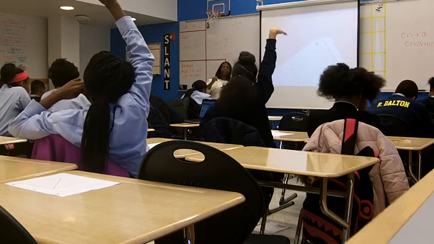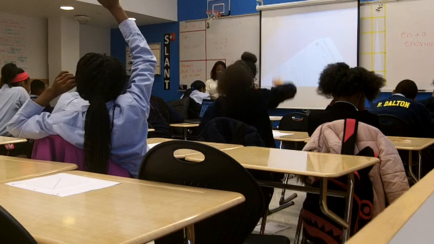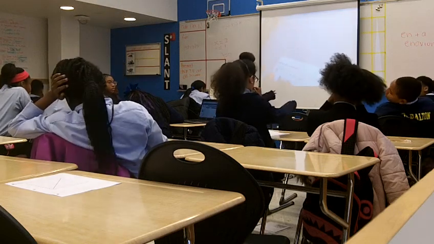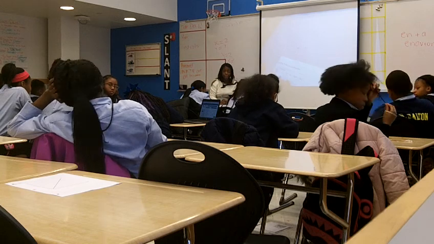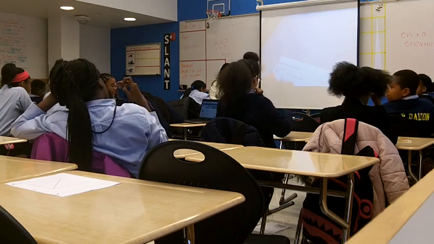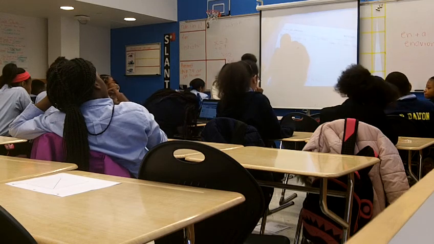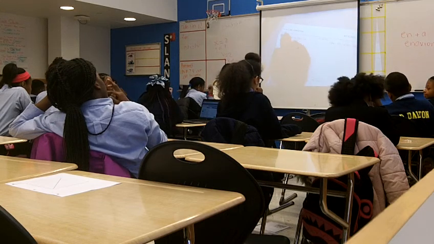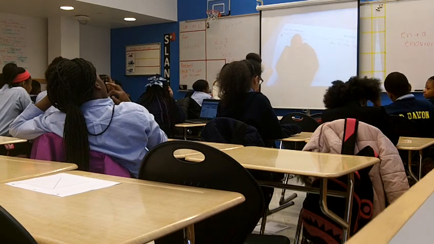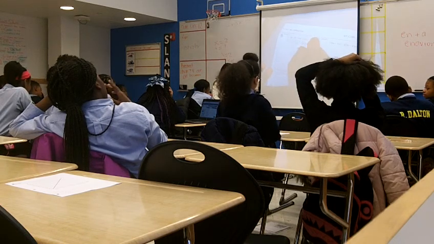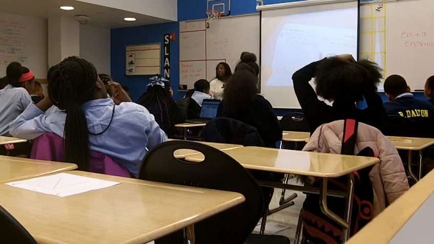Let's hear from Jayla. How do you rewrite this? Rewrite number 1 as addition by doing -1 parentheses r plus -s close parentheses plus -5 open parentheses 2r plus -2s close parentheses. Very good. Great.